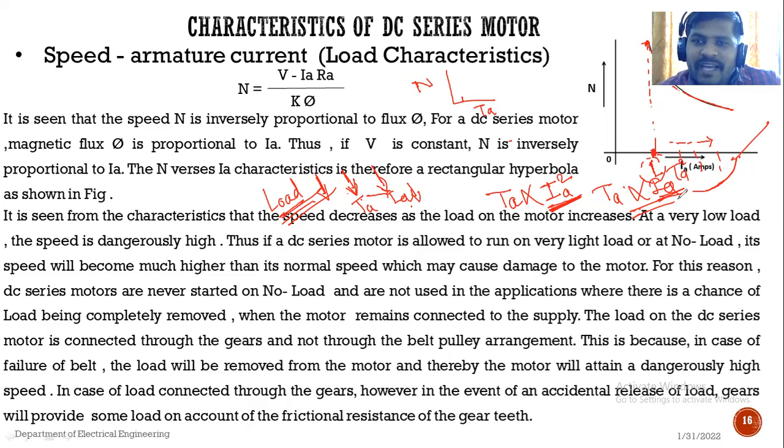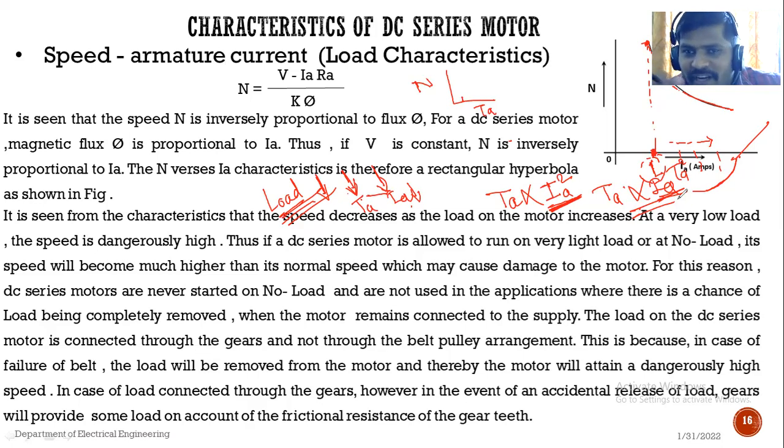Once we increase the load on that machine, the speed of the motor starts reducing gradually.